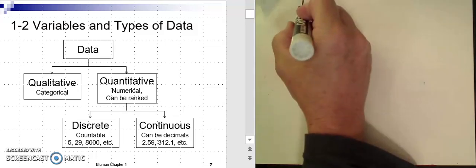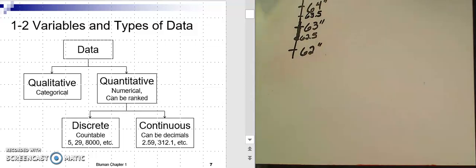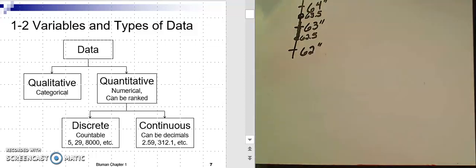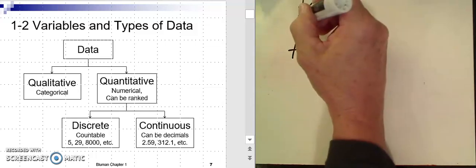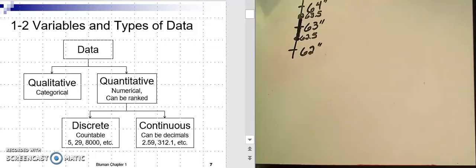You're right, 63.5. Now 63.5 is going to round up to 64, so we're not going to include that. That's like an open circle. I don't know if you can tell that on the picture there. We're not including the 63.5, but we do include this infinite list of numbers from 62.5 up to, but not including, 63.5.